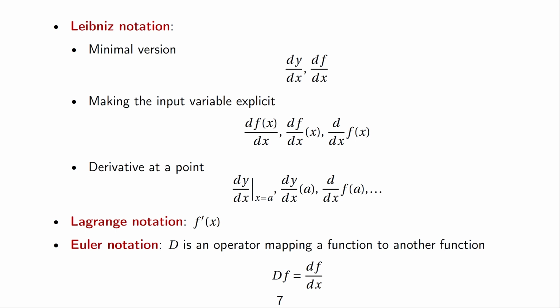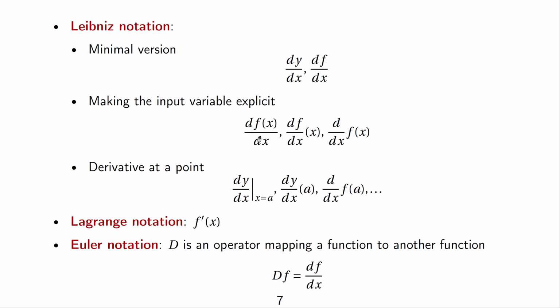So here we see three notational systems: Leibniz notation, Lagrange notation, and Euler notation. So, for example, if y is a function of x, then you can see some notation dy dx, or you see some notation df dx. Now, sometimes you see notation that makes the input variable more explicit.